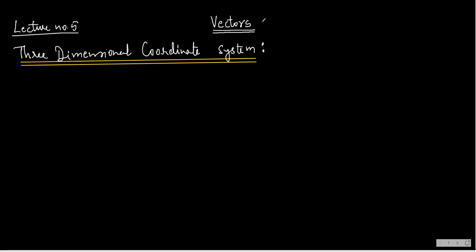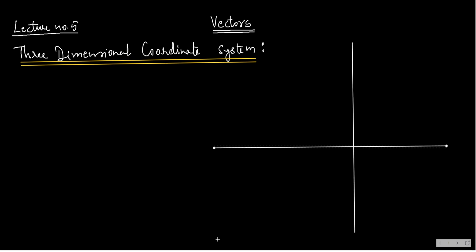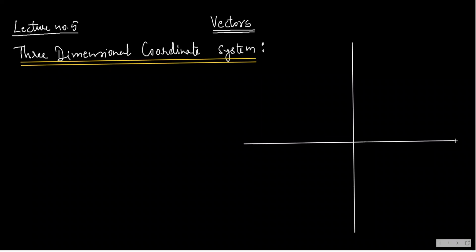See, in the 2D system, you have the y-axis and x-axis. What happens in the 2D system is that everything is in a plane.